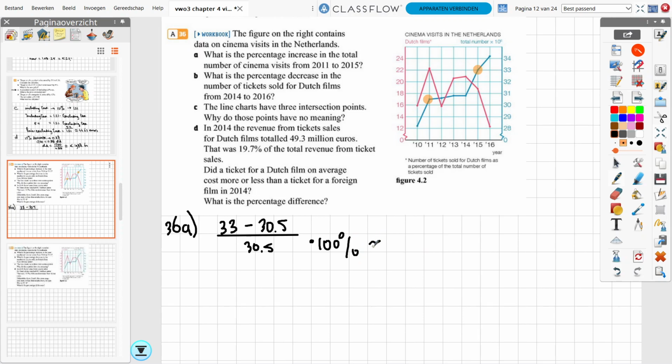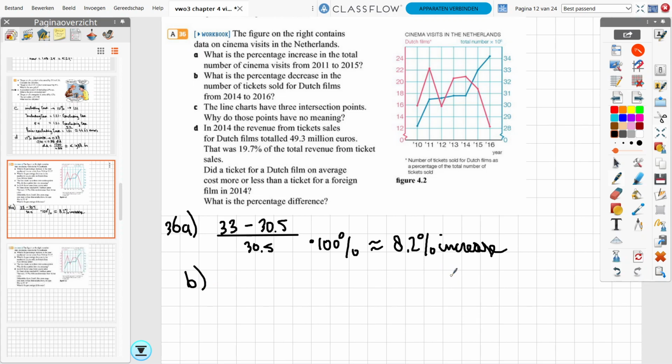So that's approximately, let's see, 8.2% increase. Okay, and that's it. So it says new minus old over old, but now you should be able to read the information from the actual line chart instead from a table or an article.